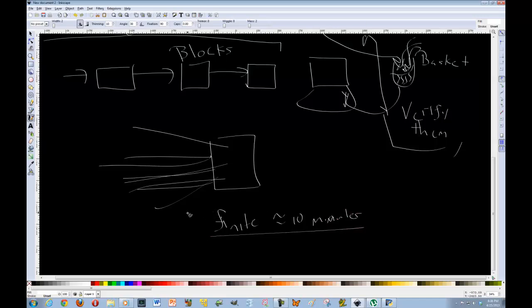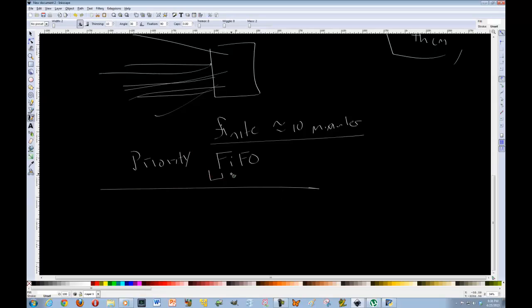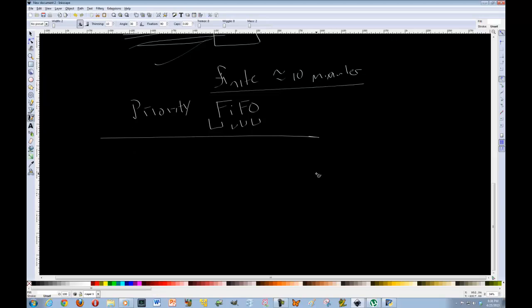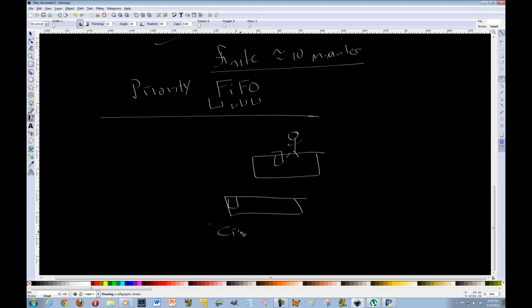And so there's what's called a priority FIFO queue. And that's just a technical term for first in, first out. And think of that like a supermarket. So we have our cashier here, and maybe a crappy magazine right here.